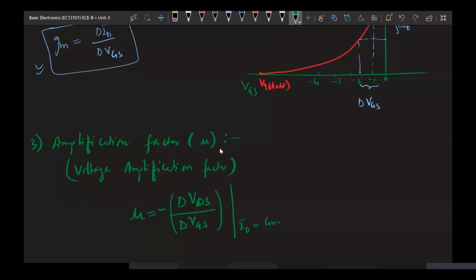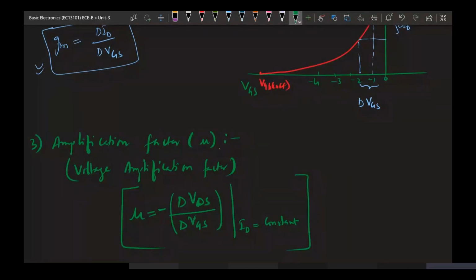At a particular ID, whatever ID is at this point, we see what the change in VDS is, and at that time what the change in VGS is. That defines your amplification factor.